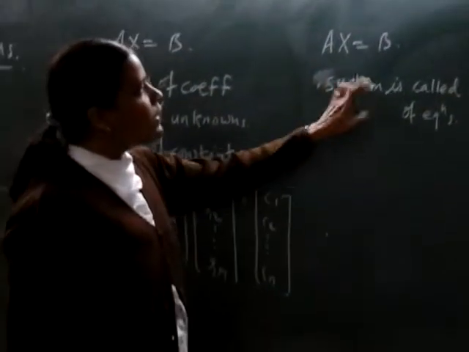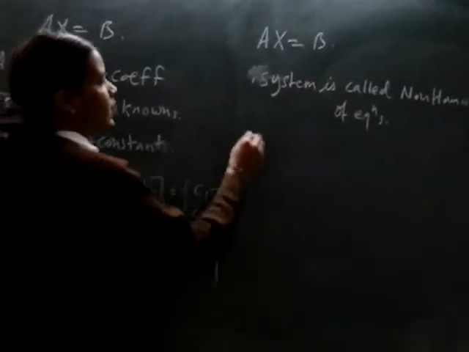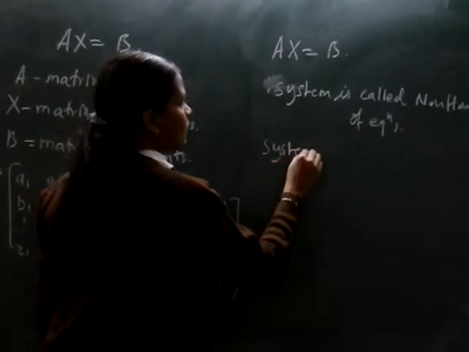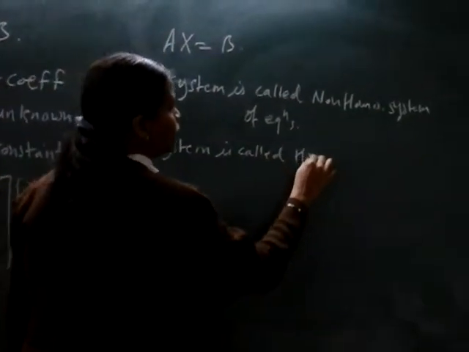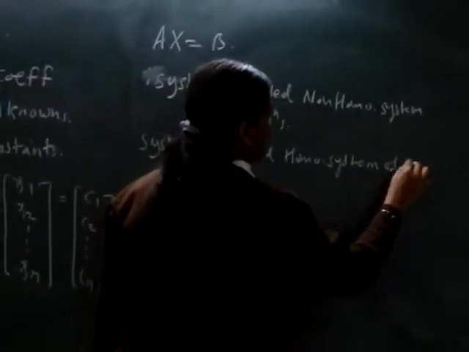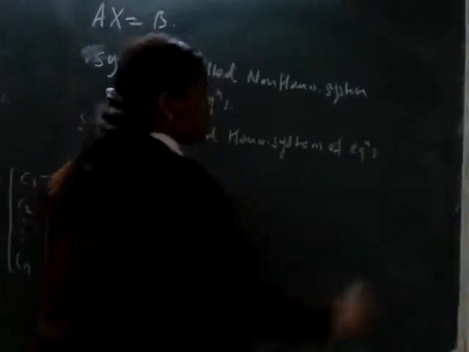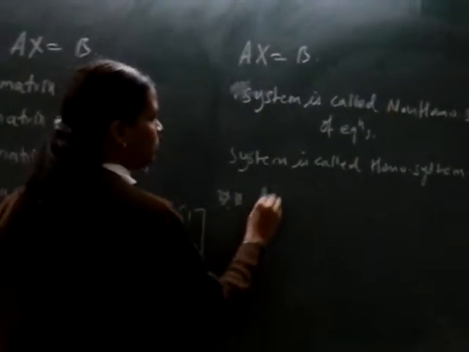And if all the elements of the matrix B are zero, then that system is called a homogeneous system of equations.